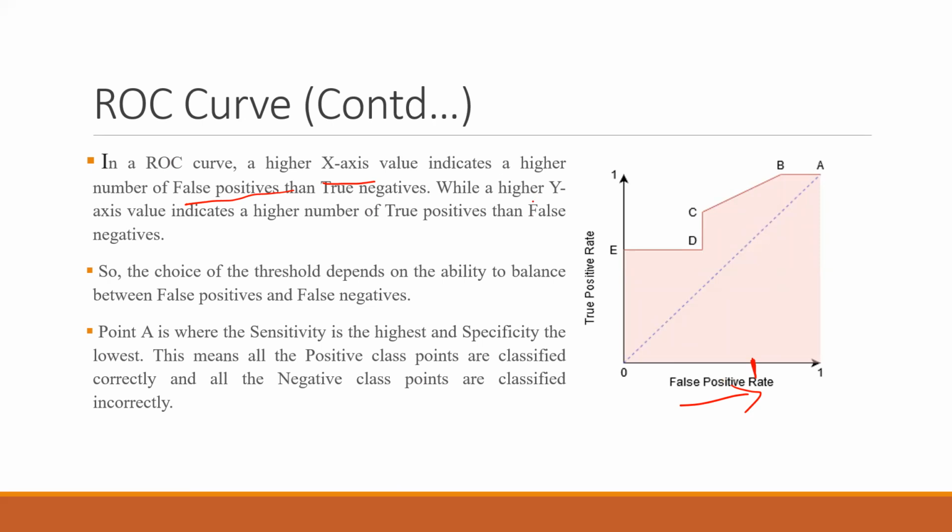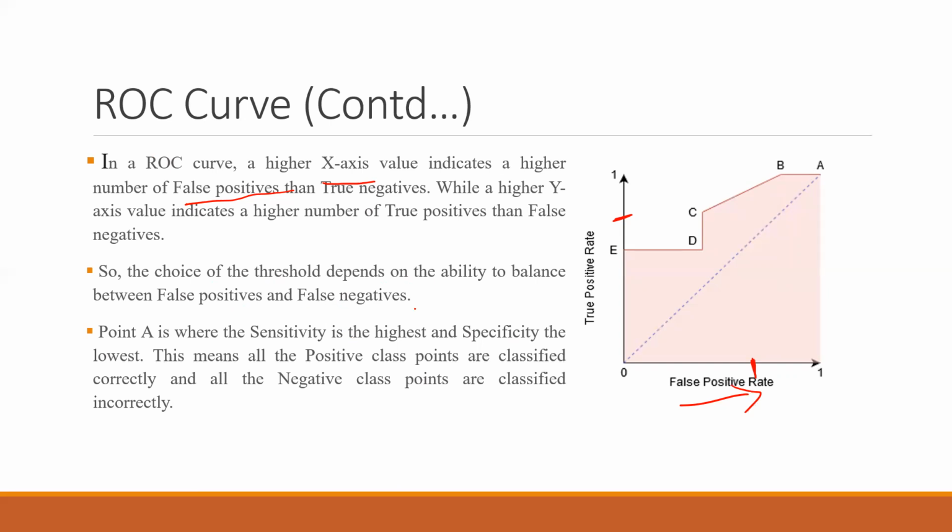While a higher y value indicates that you are having a higher number of true positives. Obviously, if TP is more, your FN will be low. So the choice of the threshold depends on the ability to balance between the false positive and false negative.